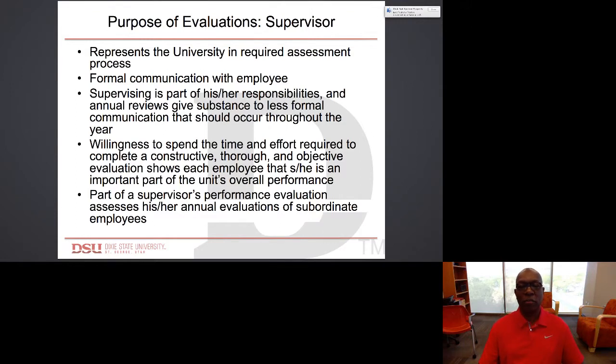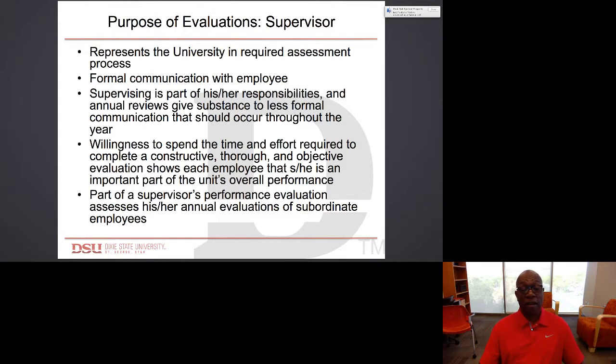Well, let's look at it from a supervisor's perspective. It represents the university in a required assessment process, a formal communication with the employee. Supervising, as you know, is part of his or her responsibilities, and annual reviews give substance to less formal communications that should occur throughout the year.